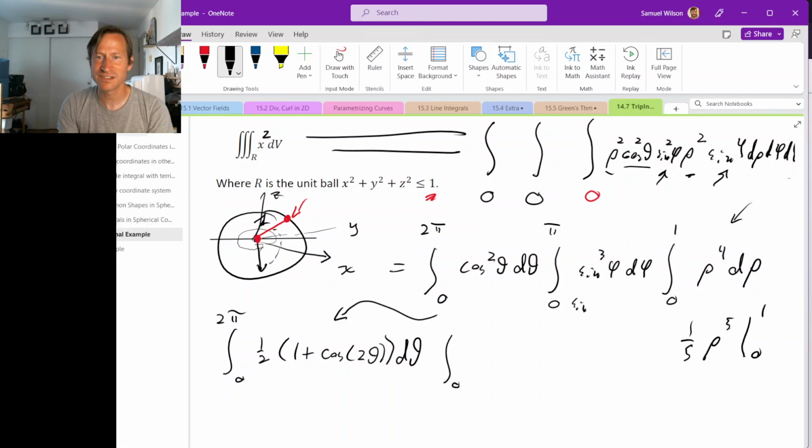So we're going to have integral from 0 to pi of sine phi minus cosine squared phi sine phi d phi. And for rho, of course, now we can just plug in our bounds. We're going to get 1 over 5 minus 0.